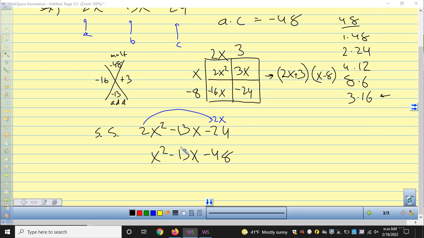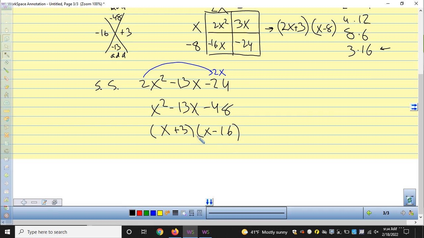So if we started out here, we would go through this process to pick 3 and negative 16 for our factors. So we would factor this polynomial this way. Well, we multiplied by 2, so we're going to divide by 2. And then we're going to reduce if we can.